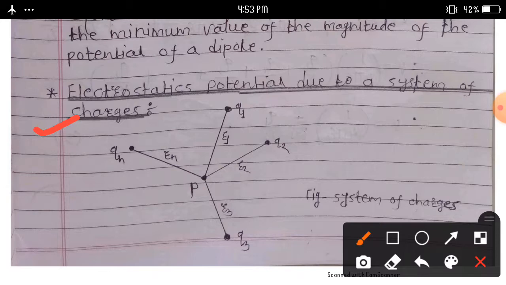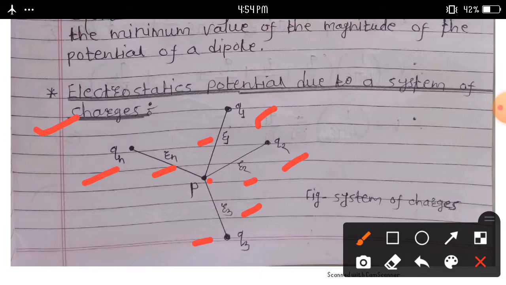Consider a system of n charges, q1, q2, q3 up to qn, at distances r1, r2, r3 up to rn respectively from point P. Shown in this figure, a system of charges.